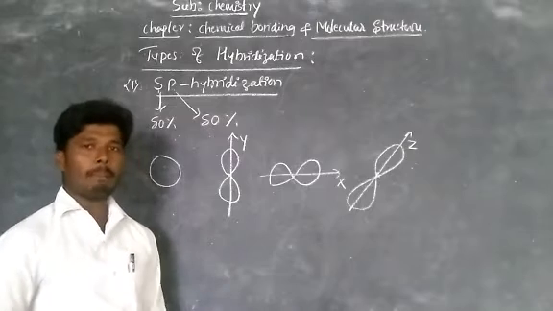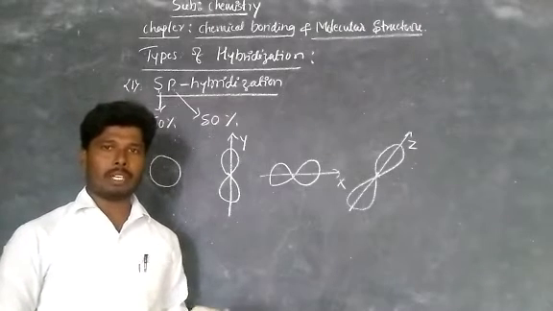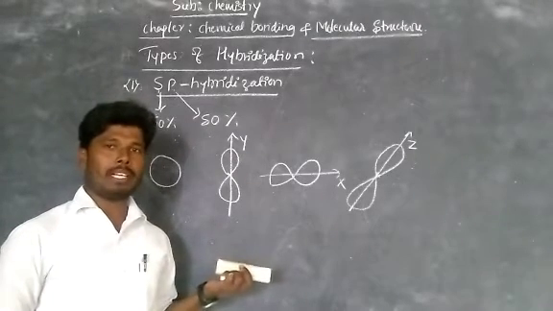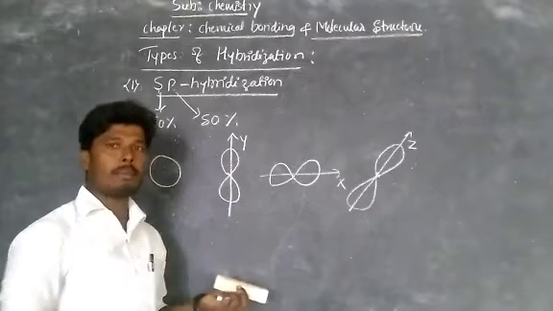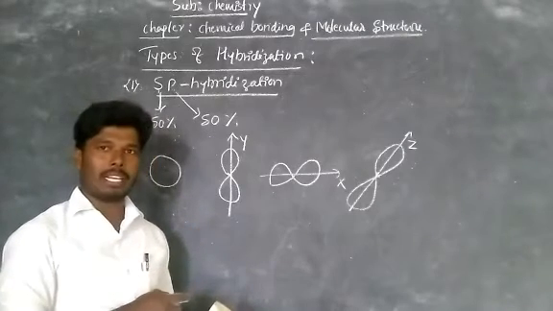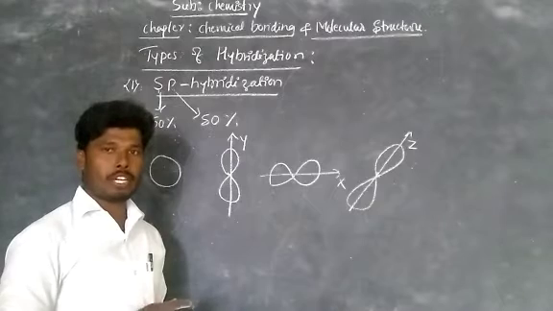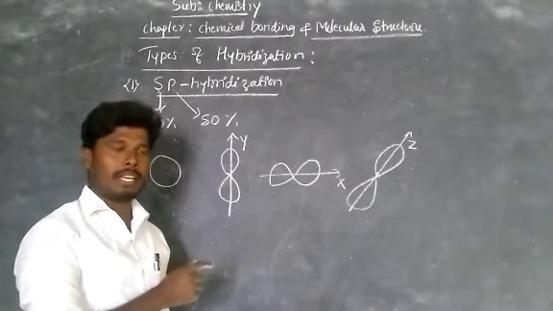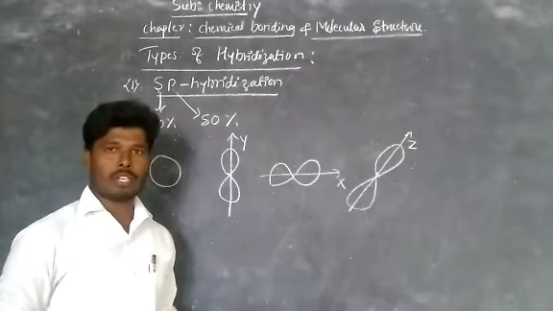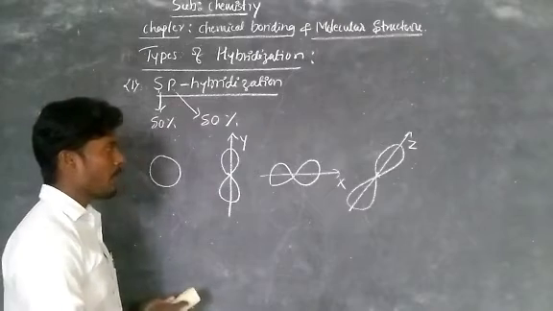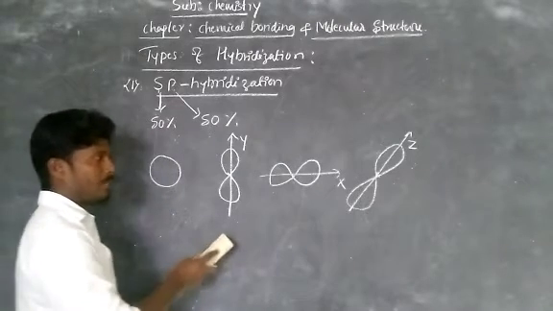Here s and p orbitals overlap to give an sp hybrid orbital in linear shape, so the bond angle is 180 degrees and the shape of the molecule is called linear geometry or linear hybridization. Observe how the s and p orbitals overlap.